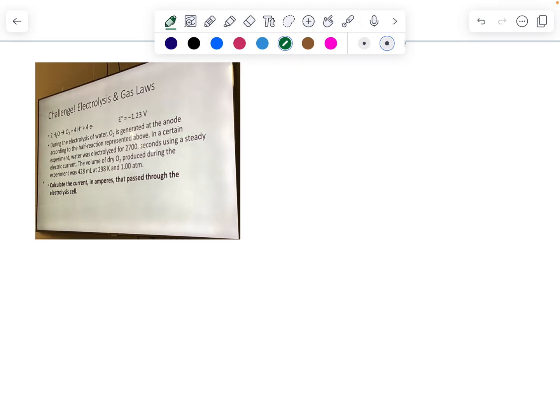Good, I'm impressed. So with PV = nRT, we have everything we need to get the n. Do we have to go to liters? Yes, we do need to go to liters. Everything else is in the right units.